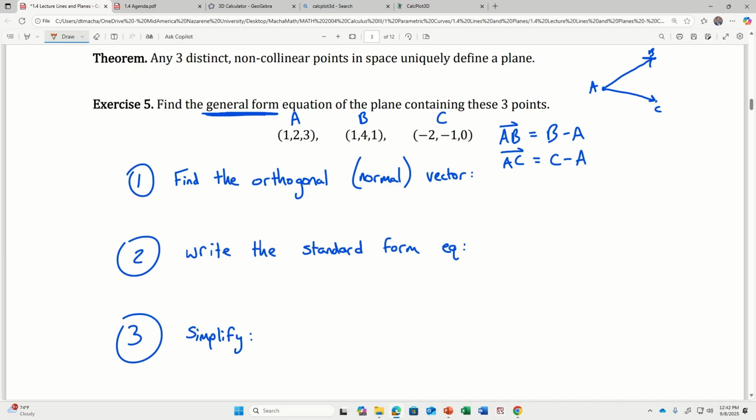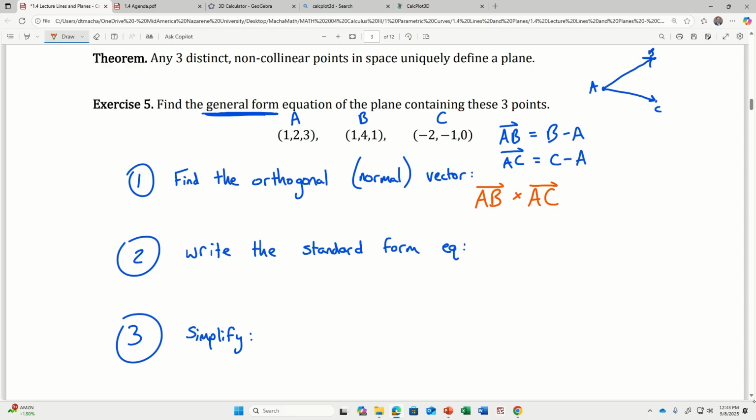Can you think of any operation we've learned about that gives me a vector orthogonal to two input vectors? The cross product. Yeah. That's one of our cross product properties, that the cross product of two vectors is always orthogonal to the two vectors that you're using.